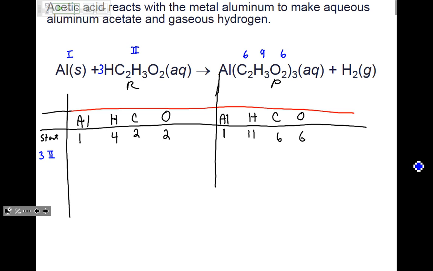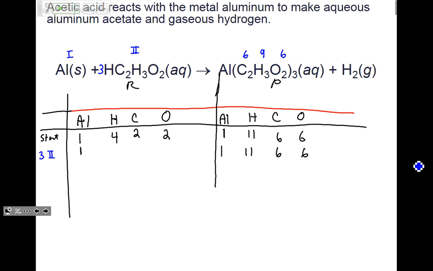Once I do that, that doesn't change anything about the amount of aluminums I have in my starting material. It doesn't change anything about what's going on in my final product. So I'm just going to rewrite that. What it does change is the amount of hydrogens, carbons, and oxygens I have in my starting material. So first, let's start with carbon.